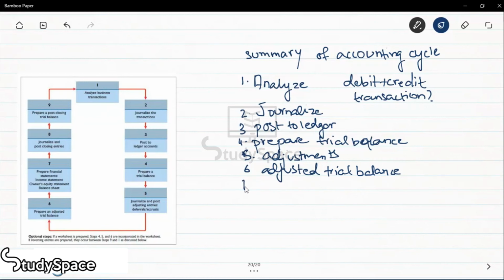And so on. We create our financial statements in our 7th step. In the 8th step, we would generate the closing entries. And lastly, the post-closing trial balance.